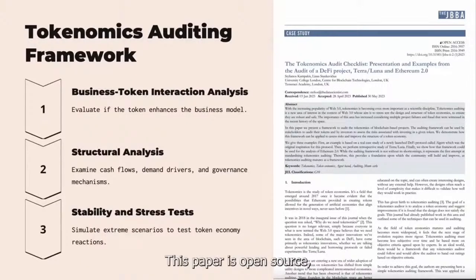This paper is open source, so you can just Google this title and you can find it online and read it. And in this paper, I elaborate in more depth on all those aspects, such as the business token interaction analysis, structural analysis, stability and stress tests, as well as presenting a checklist that the project has to go through in order to make sure that the tokenomics are properly audited.